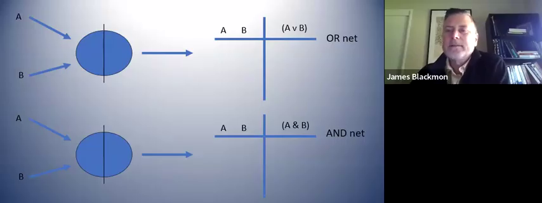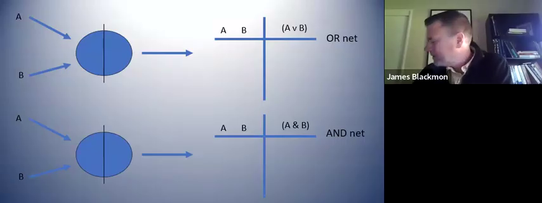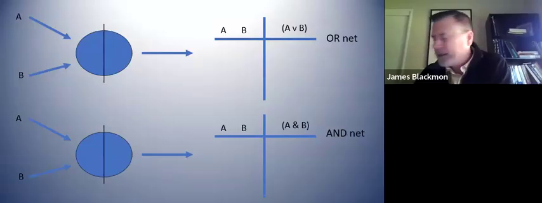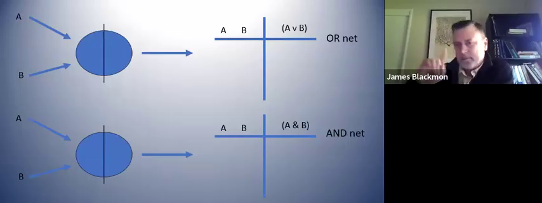But this is not exactly how neurons work, and in some important ways, it's different. And it's also not exactly how the artificial neurons that we use in artificial intelligence work today.